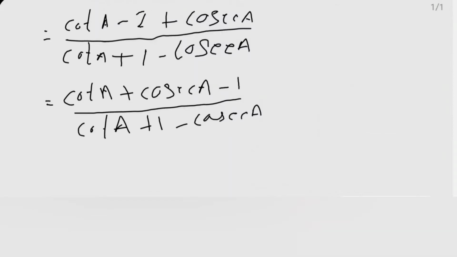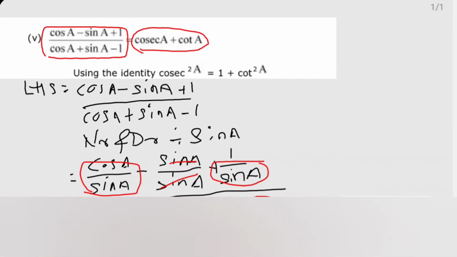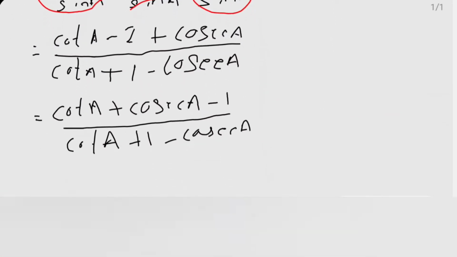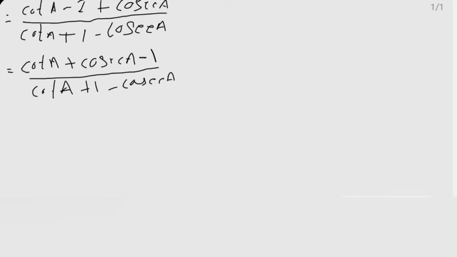So now observe here, the question says use the identity cosec square A is equal to 1 plus cot square A. So we will use it here. Cosec square A is equal to 1 plus cot square A. Now this cot square comes to this side and becomes a minus, right?